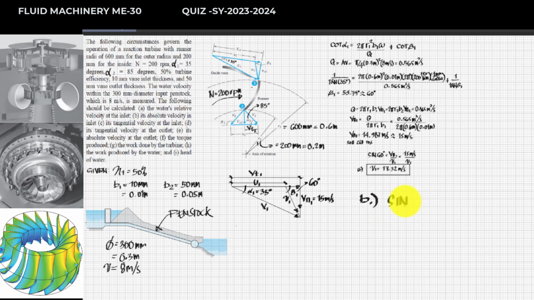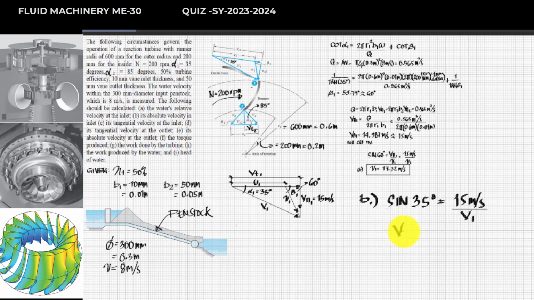So it will be sine of 35 degrees, since we have here a right triangle. It is equal to your opposite, which is your normal velocity, 15 meters per second, all over divided by the absolute velocity.